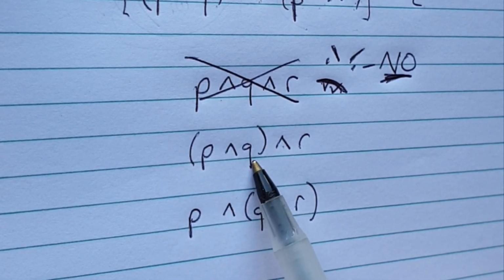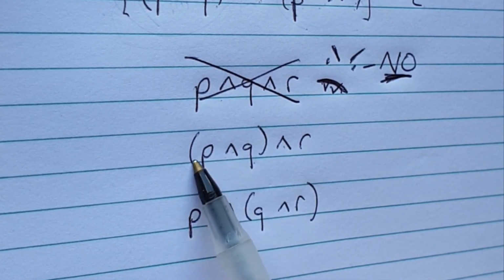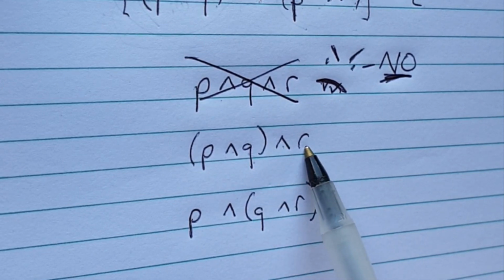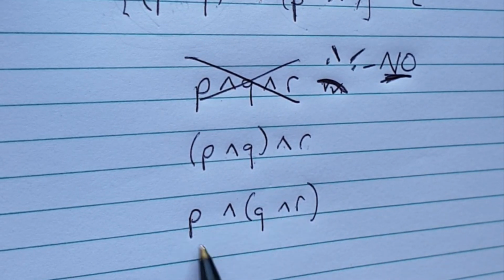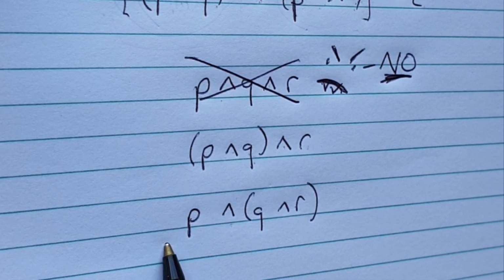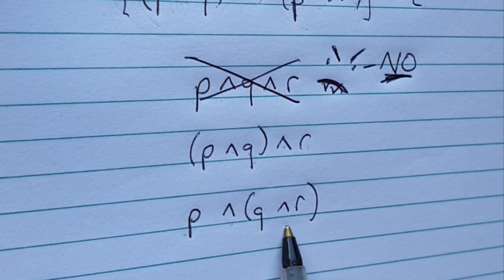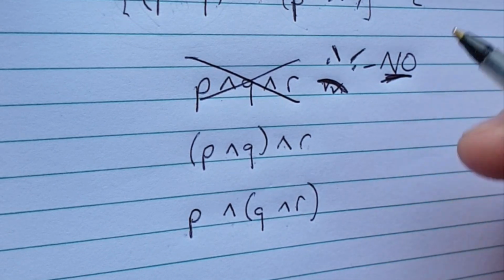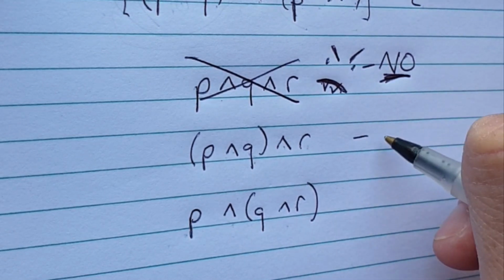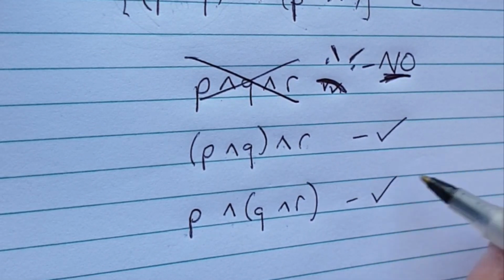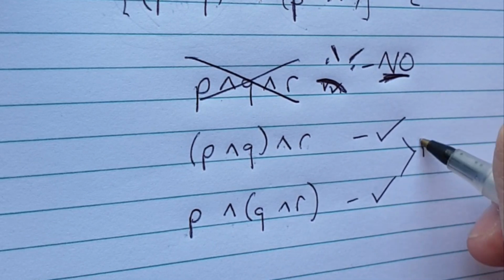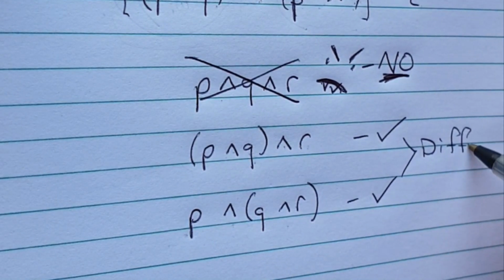Its left conjunct is itself a conjunction, P with Q, and its right conjunct is just R. This one is also a conjunction, but it has a different left conjunct, just P, and a different right conjunct, this time the conjunction of Q with R. So these are both good, but they're different from each other.